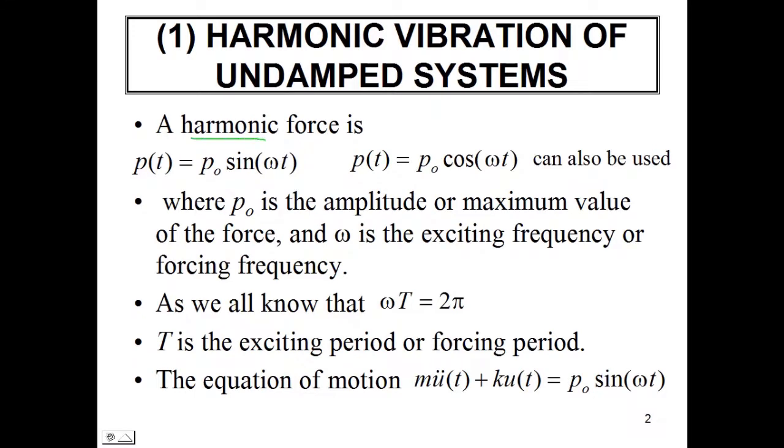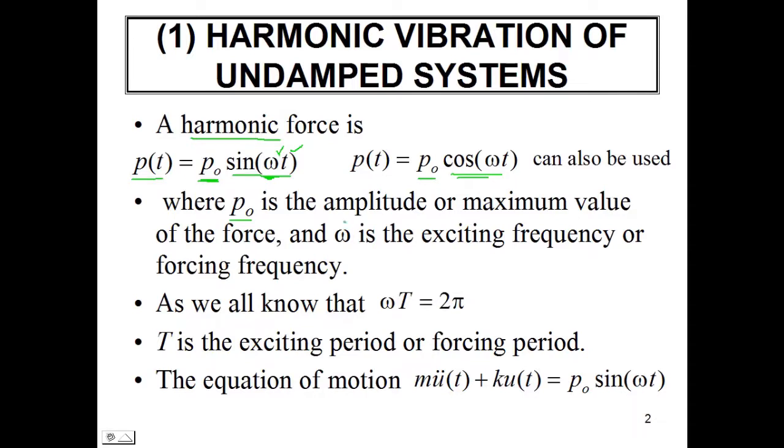A harmonic force P of t is simply the product of a scalar value P0 and a sine wave function. However, a cosine wave function can also be used. The sine wave is a function of omega and time t, where P0 is the amplitude or maximum value of the force, and omega is the exciting frequency or forcing frequency.